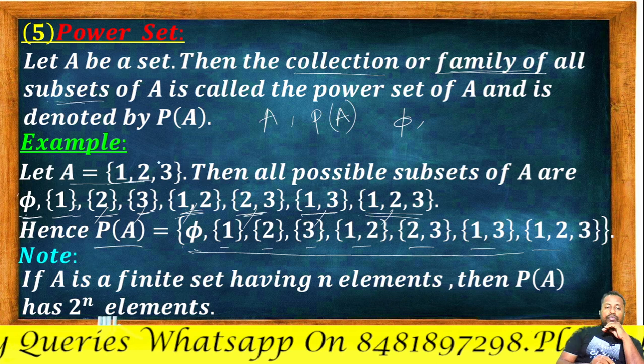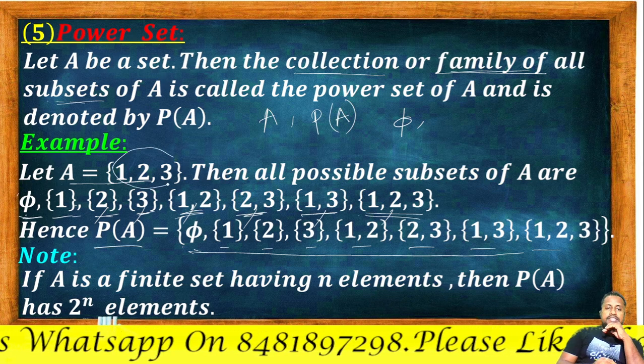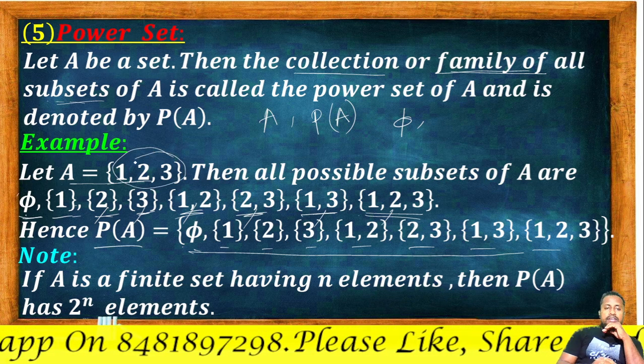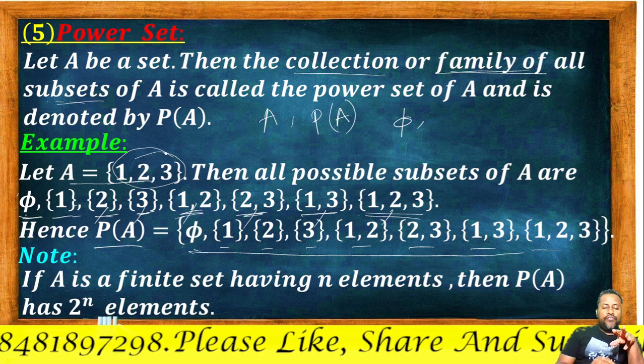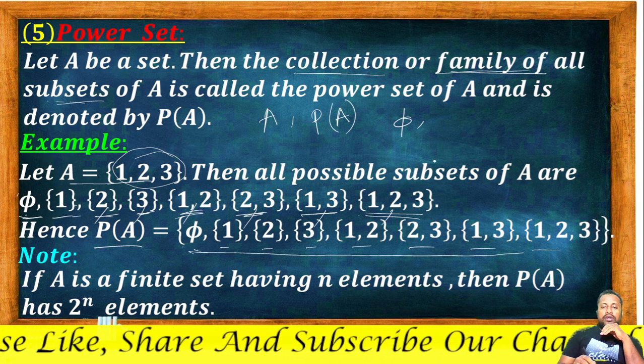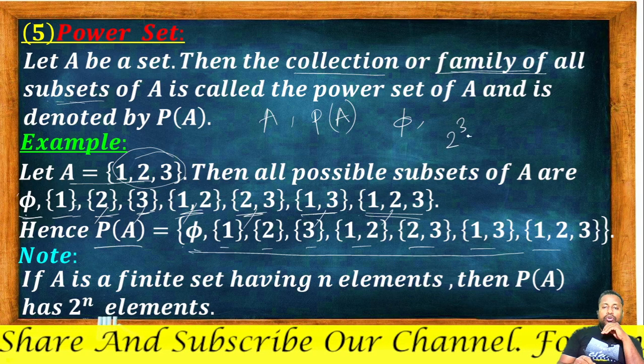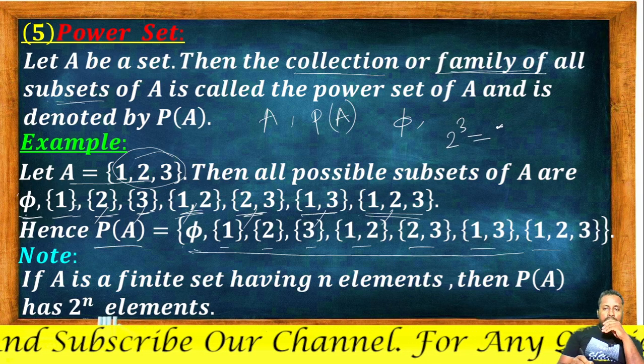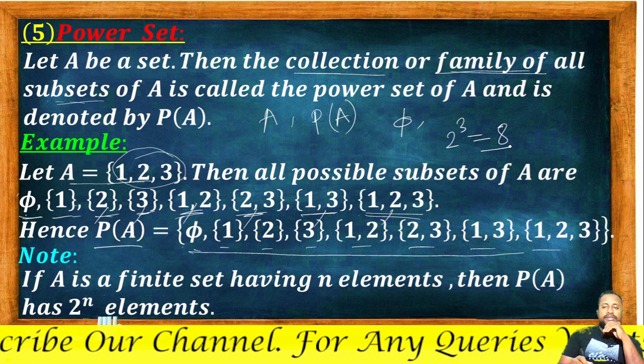Now here I have considered a set which consists of 3 elements, and here I have got 8, that is 2 to the power 3, that means 8 subsets.